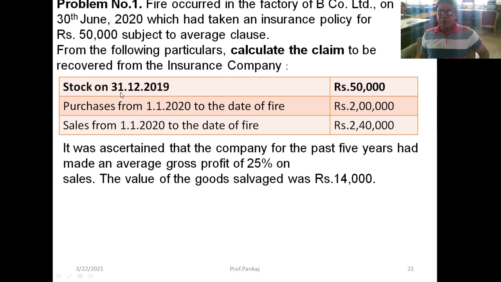So the opening stock is provided. Purchases from 1/1/2020 to the date of fire are provided. Sales are also provided. Gross profit of 25% is also provided. Salvage means saved goods.